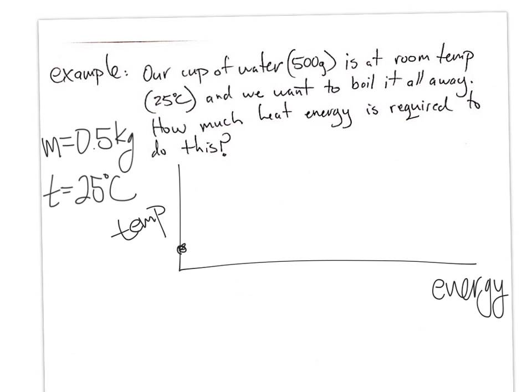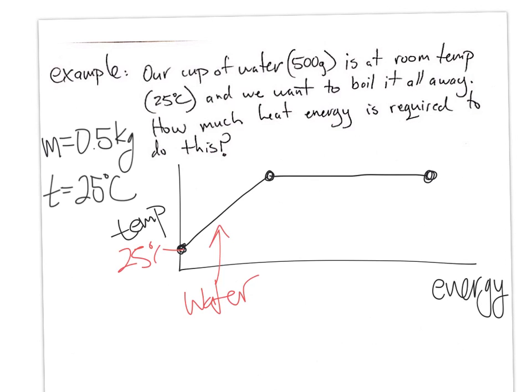The temperature starts at 25 degrees and goes up to 100 degrees, and then stays at 100 degrees until it all boils away. So this is all water, going from 25 degrees Celsius up to 100 degrees Celsius. To calculate this, we're going to be using the specific heat of water.